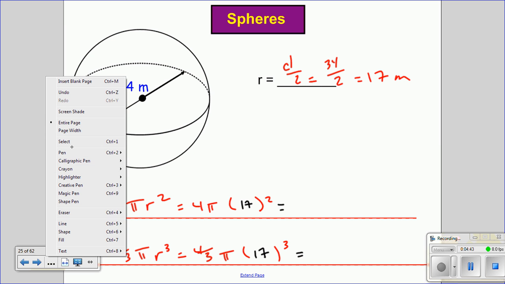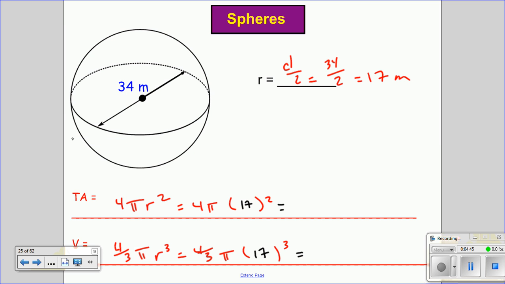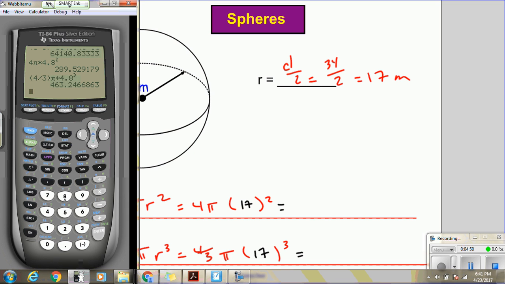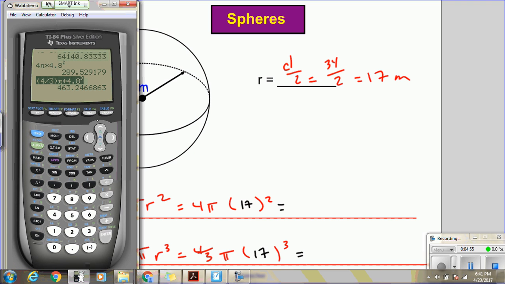And grab our handy dandy calculator. I'm just going to copy the formula I just used and type this over. Delete.